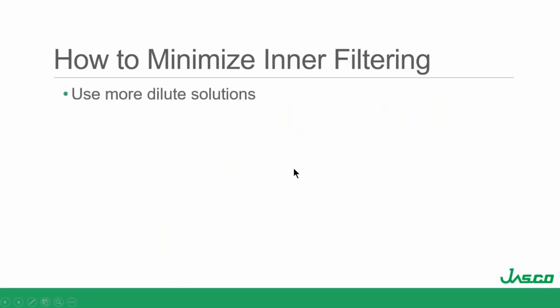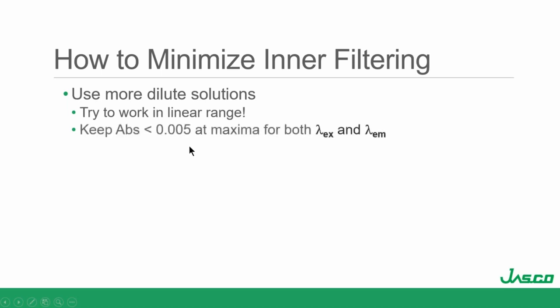But how do we minimize these? Well, of course, we could use more dilute solutions, right? If we can, but that's something to keep in mind. I mean, fluorescence is sensitive. Take advantage of that and use more dilute solutions and be aware that you're working in the linear range, right? That's just good analytical chemistry. Textbook recommendations, right? Keep absorbance at 0.005 at the maxima for lambda excitation and lambda emission, right?